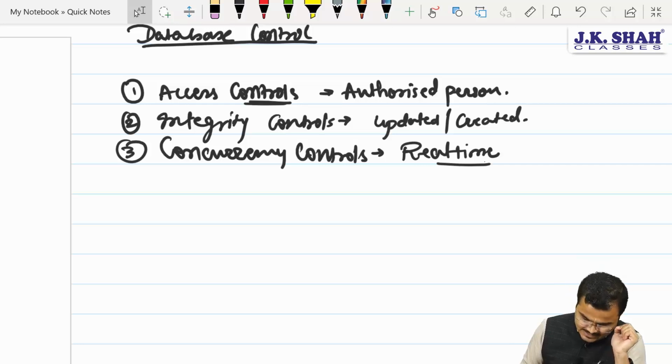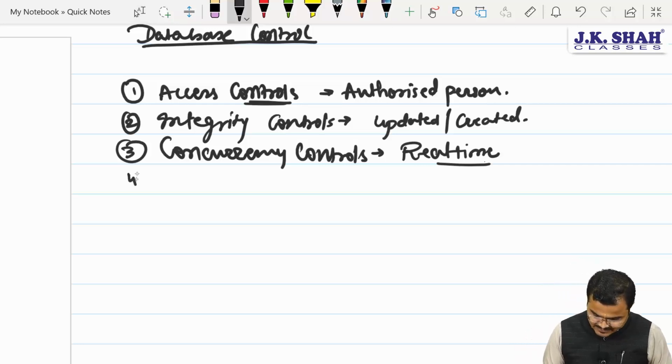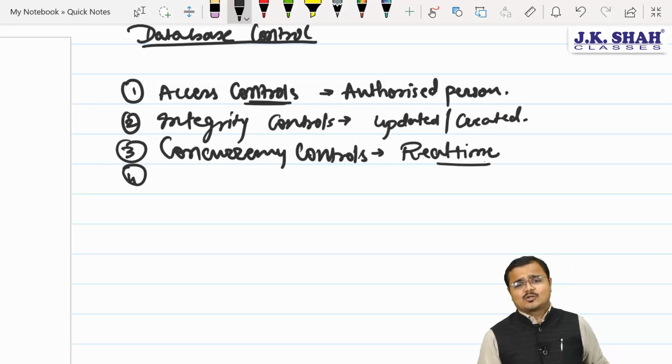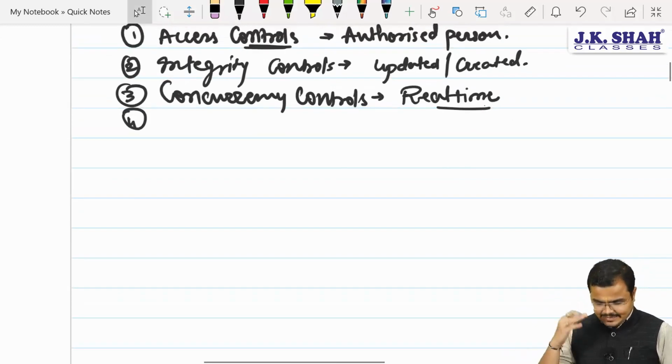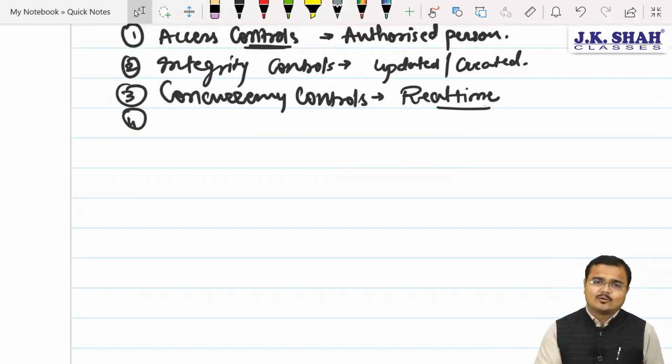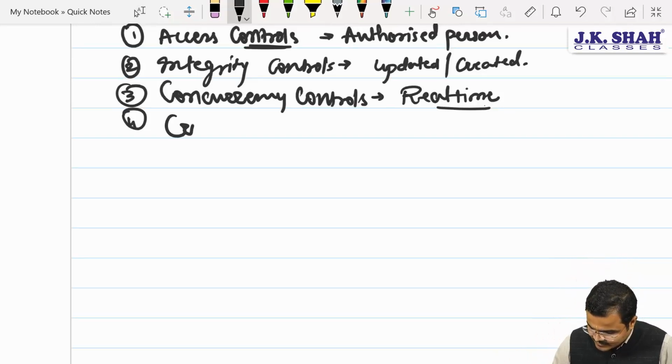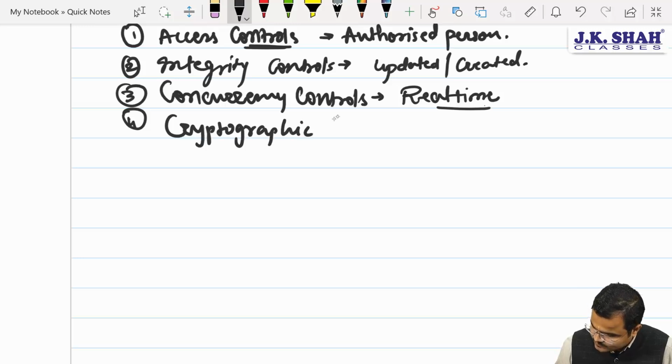Agree? Yes, sir. Number 4 is a very interesting one, Chartered, and it's my favorite, and that's purely making the data very safe and secure, and that is possible with the help of what? Sir, cryptographic controls. So we are going to write it down. Cryptographic controls.